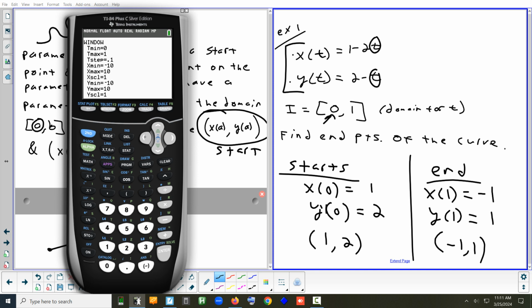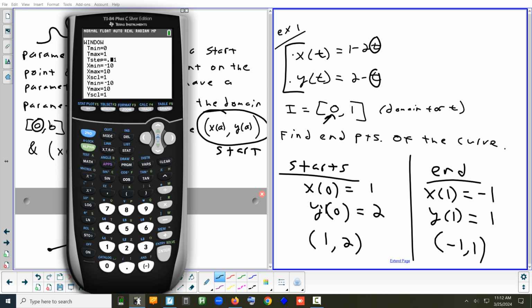So if I go by, let's say, 0.01, what the calculator is going to do now is plug in every single number from 0 to 1, going in increments of 0.01. That's hundredths. That's 101 points between 0 and 1, counting by hundredths. 101 because of including the endpoint on the 1.